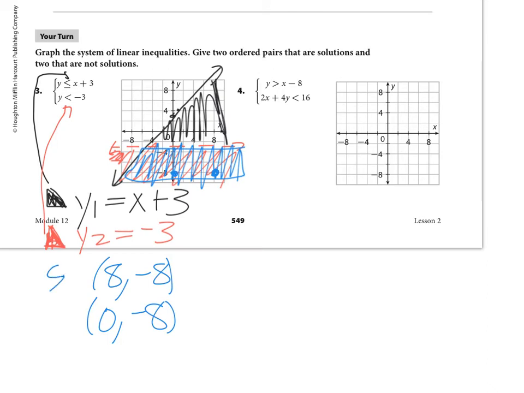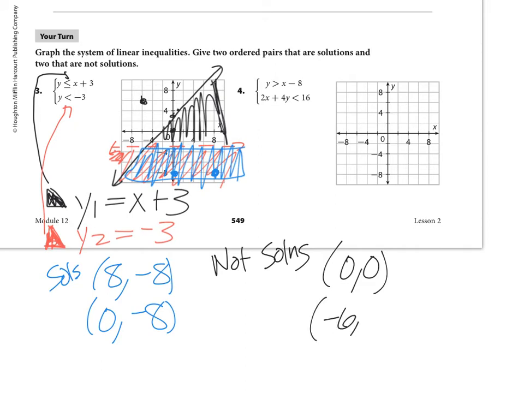Points that are not solutions would be points like (0, 0). It works for the dark line, but does not work for the red line. Or I could just pick a point that's way out there, like way up here, say (-6, 6).